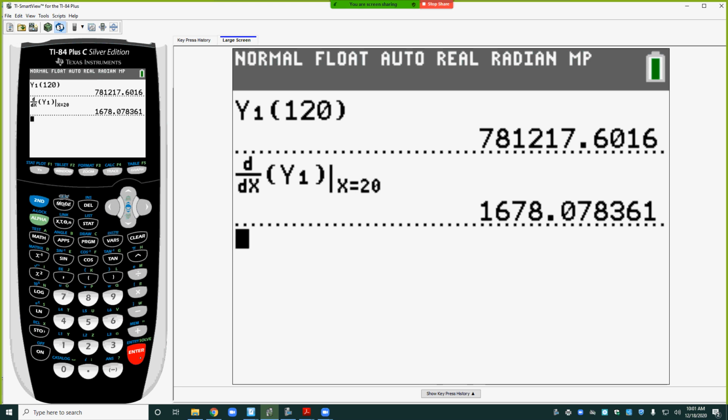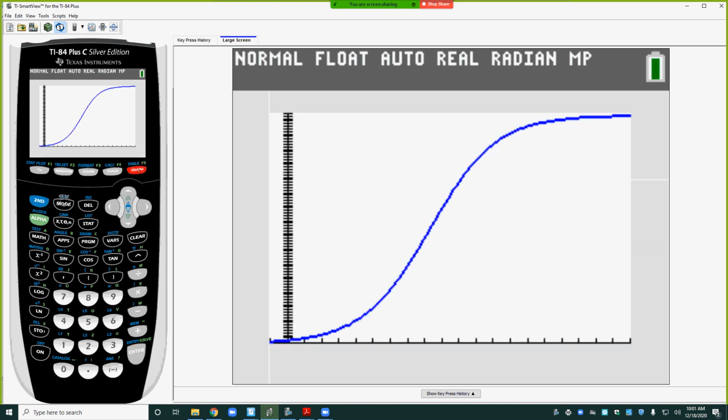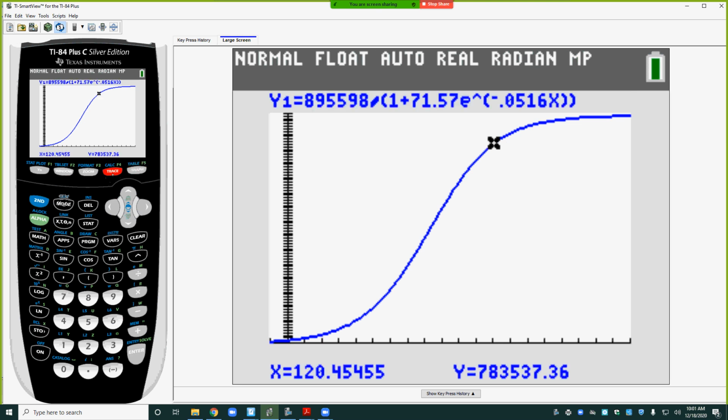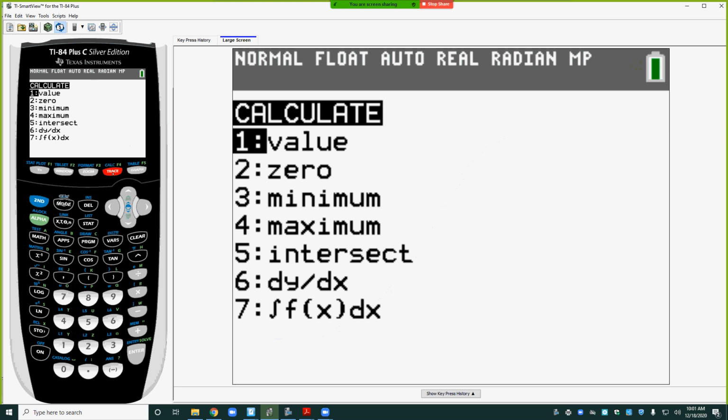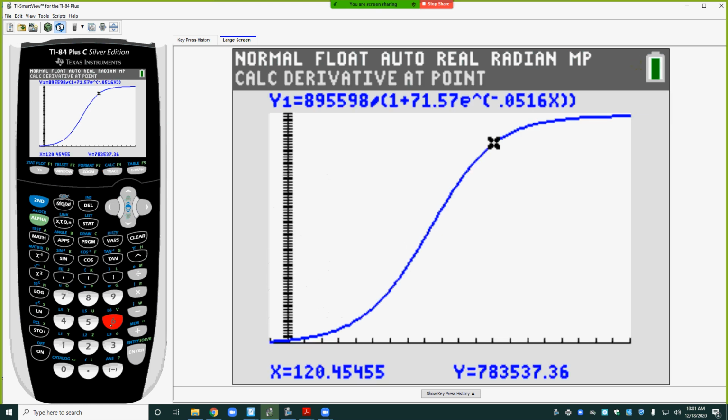I can also do this from the graph screen. I can go to the graph and I can trace, second trace, how about dy/dx? Second trace 6. Those of you with the old notation, it might say nDeriv, numeric derivative. And it wanted it also at year 60 and year 99.